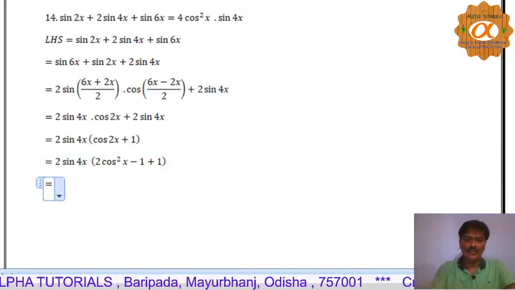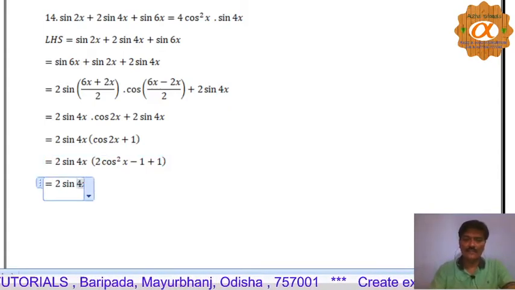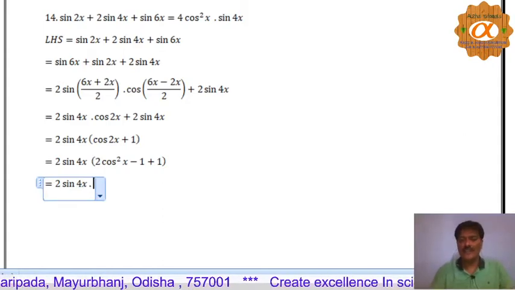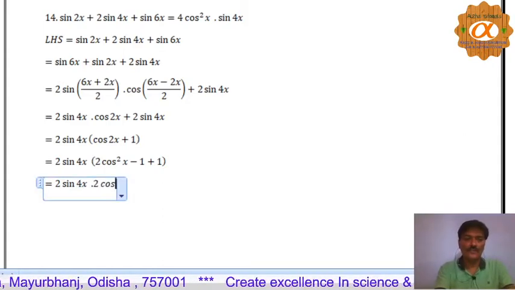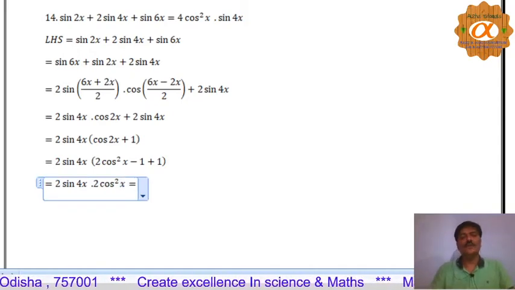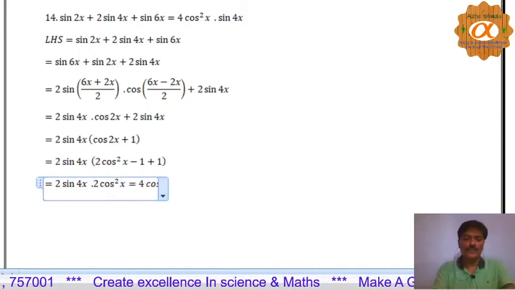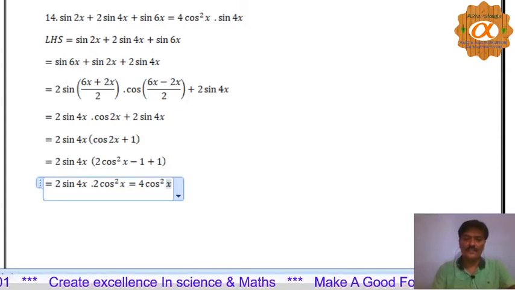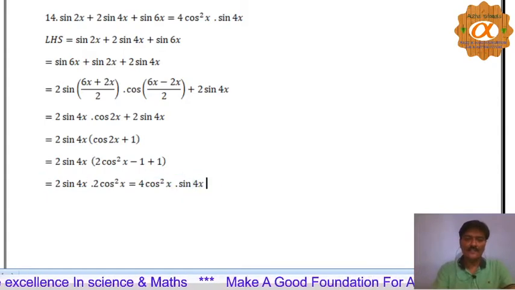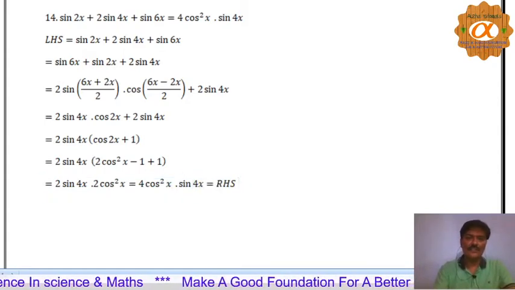Now it becomes 2 sin 4x multiplied by minus 1 plus 1, which cancel out, so it becomes 2 cos square x. Finally it comes out 2 into 2, 4 cos square x multiplied by sin 4x, and this is our RHS, and proved.